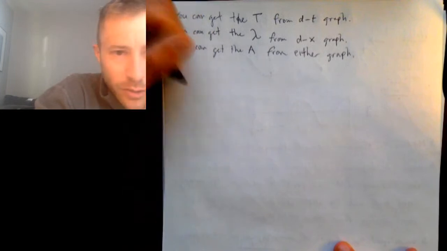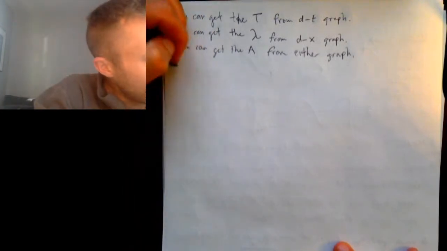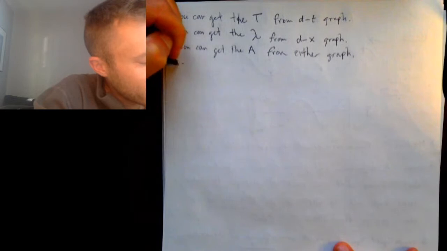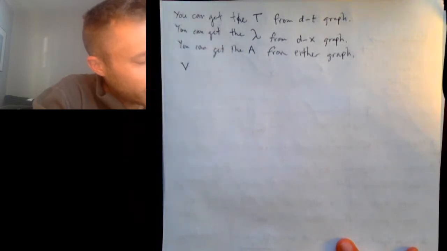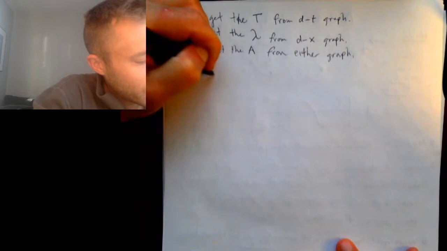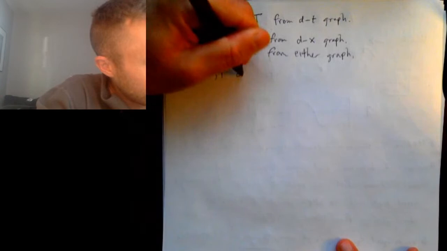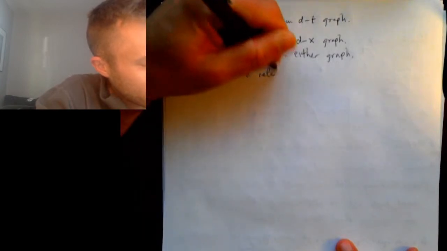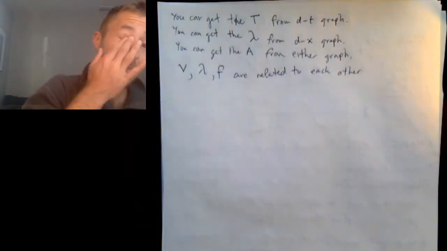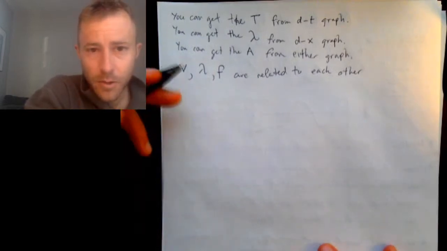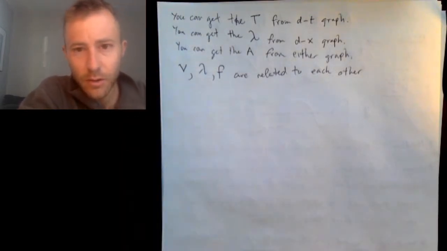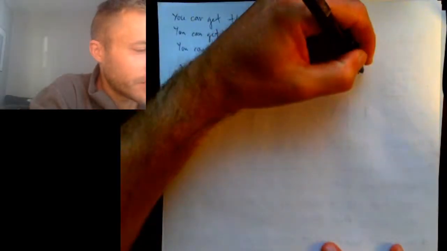So it turns out that the velocity, the wavelength, and the frequency are related to each other, and there's a nice equation that relates the three of them.